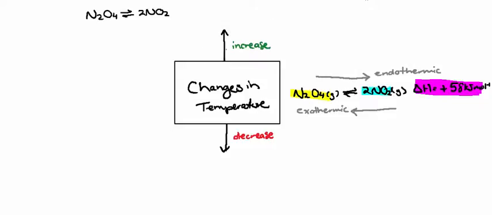So if we are to increase the temperature, the system will want to decrease the temperature. And it will do that by favouring the reaction which is endothermic, because that's going to absorb some of the heat. So in this case, the endothermic reaction is the forward one. So an increase in temperature will favour the forward reaction because it is endothermic.